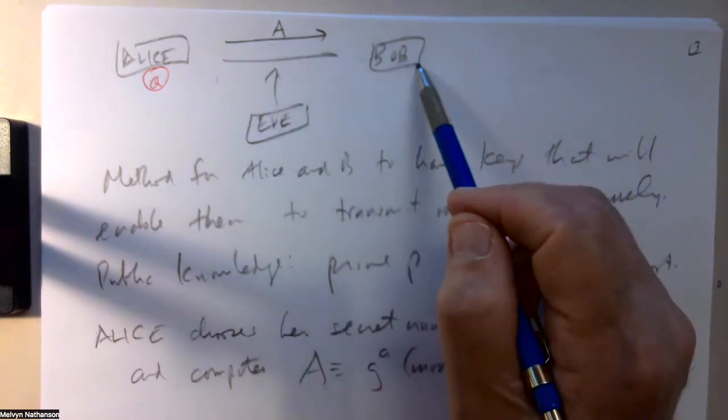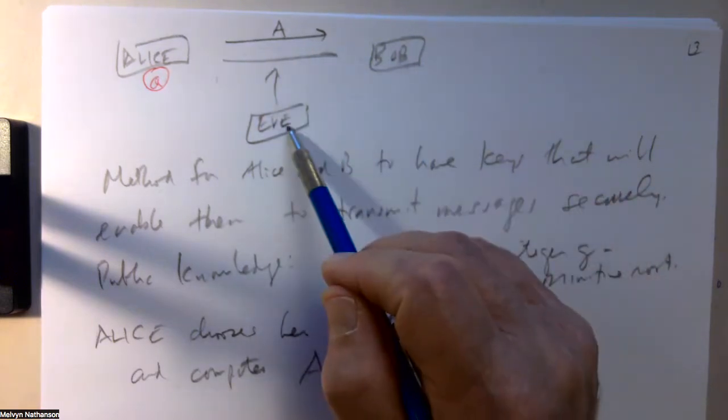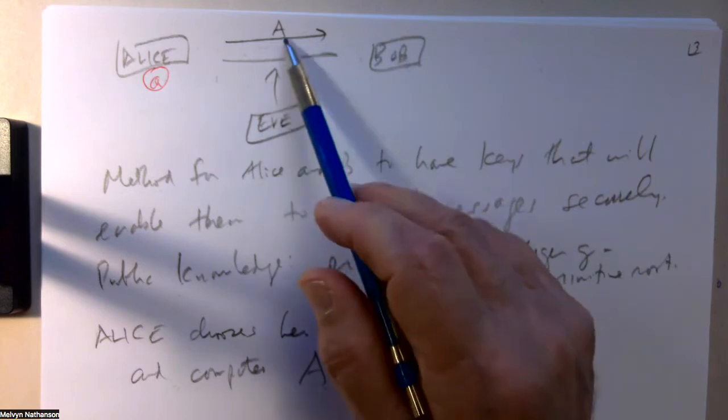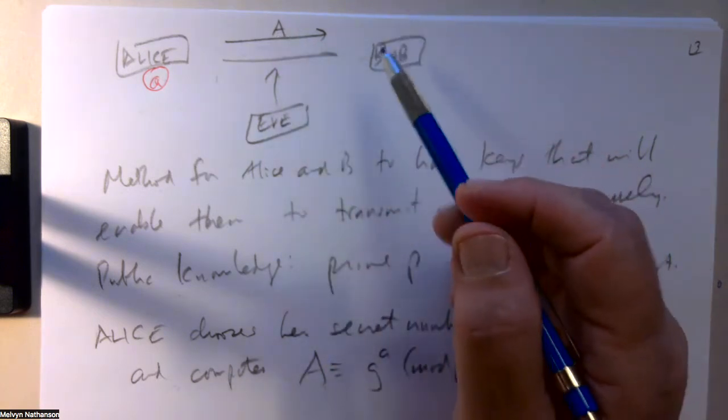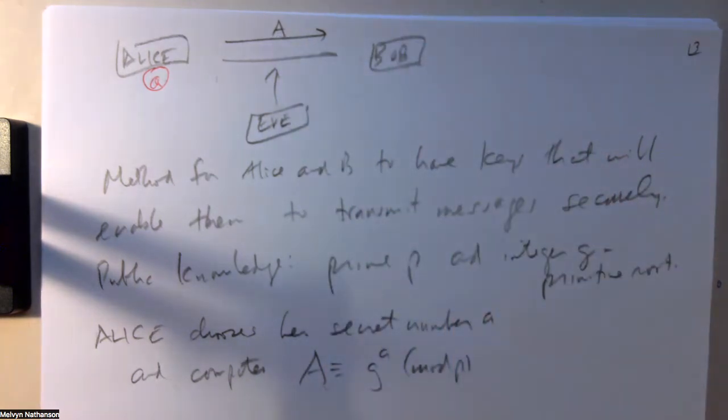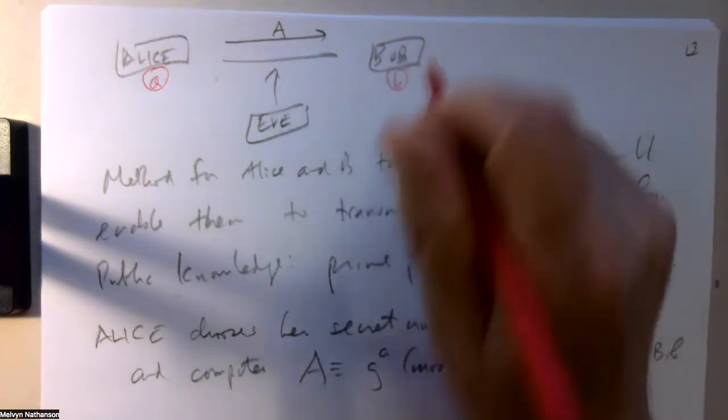And Alice transmits the number capital A to Bob. And Eve knows what it is. Eve sees every message. So Alice chooses a secret number a, computes this capital A, and sends A to Bob. Bob does something similar.